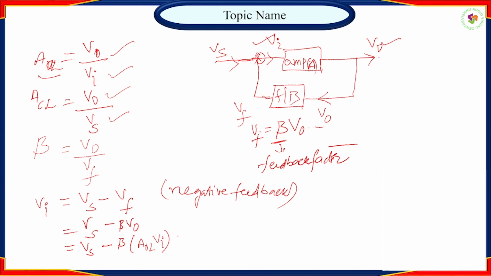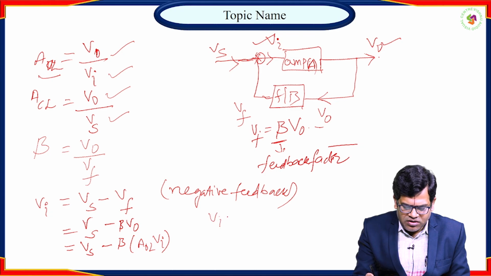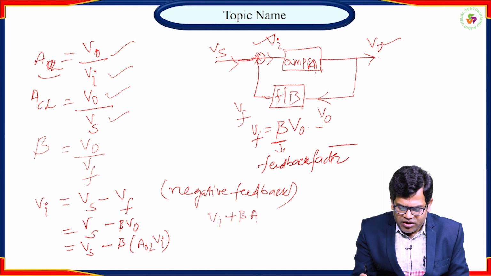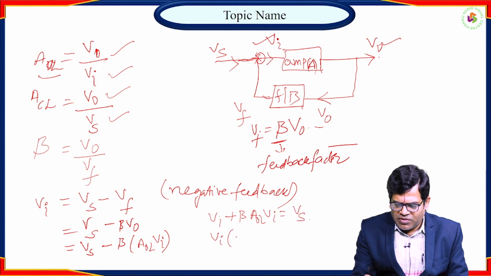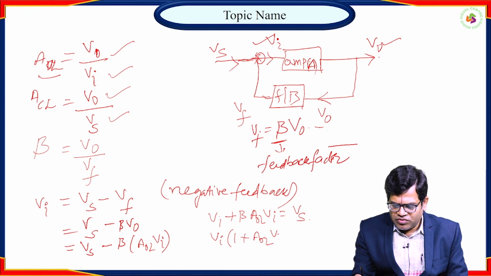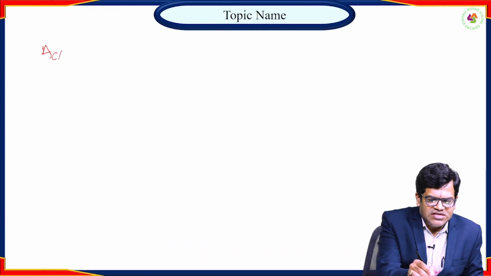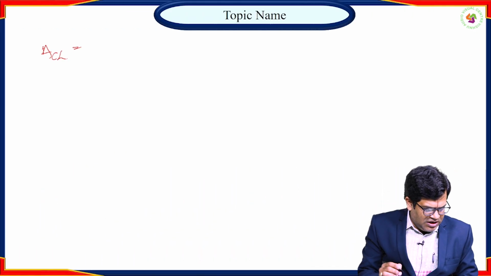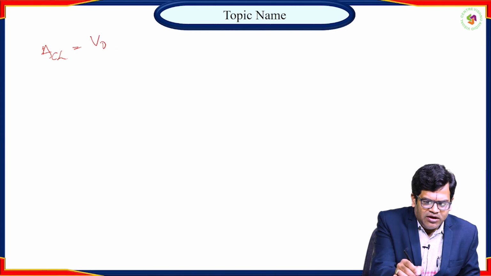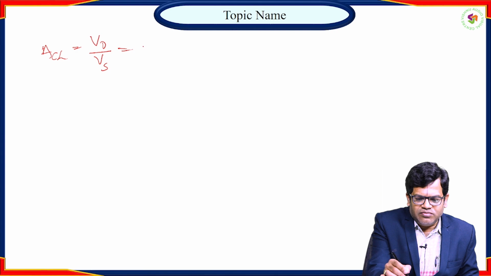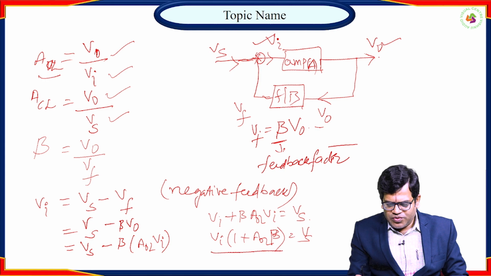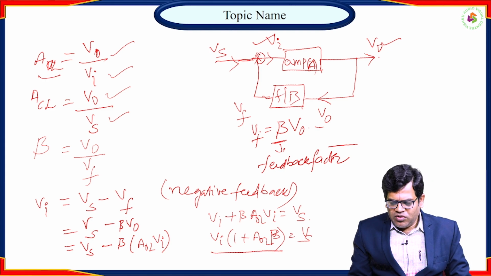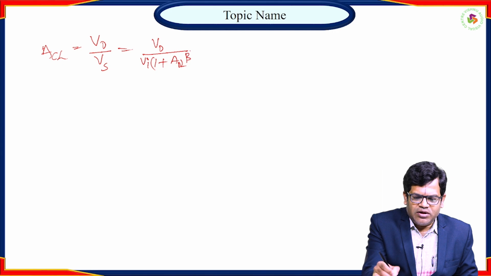Now simplifying this, we have Vi plus beta AOL into Vi is equal to Vs. So if Vi is taken common, Vi times 1 plus AOL into beta is equal to Vs. So now ACL from the previous equation, ACL is equal to V naught by Vs. So where V naught by Vs, as we have defined just here, is AOL into Vi by 1 plus AOL into beta.